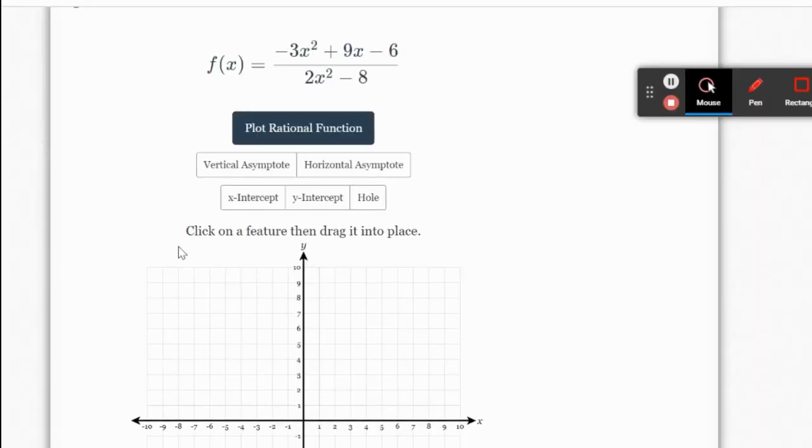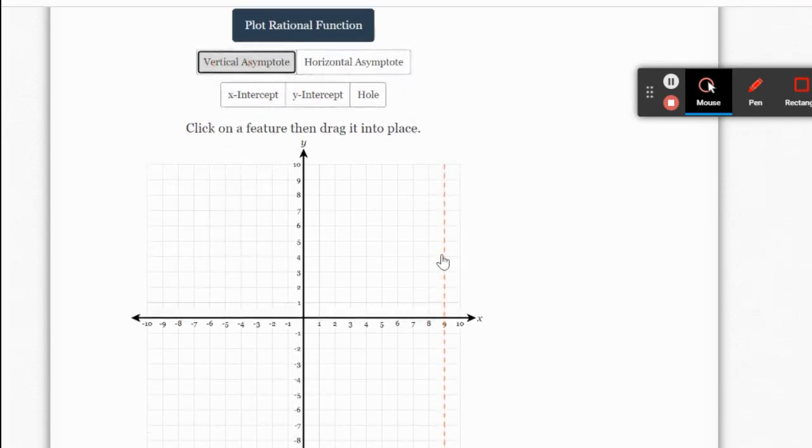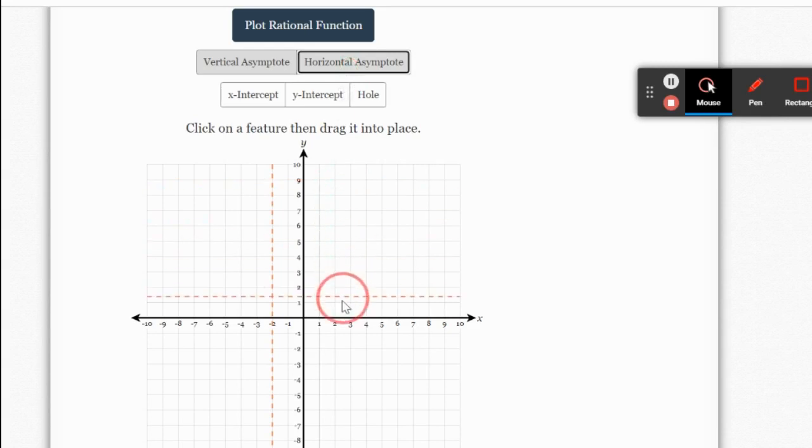So using our Desmos tools, click vertical asymptote. And then the horizontal asymptote's at negative 3/2. Right in there.